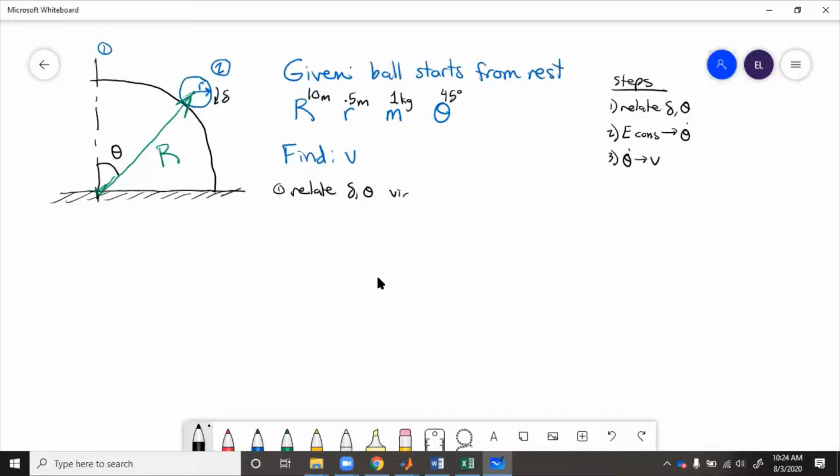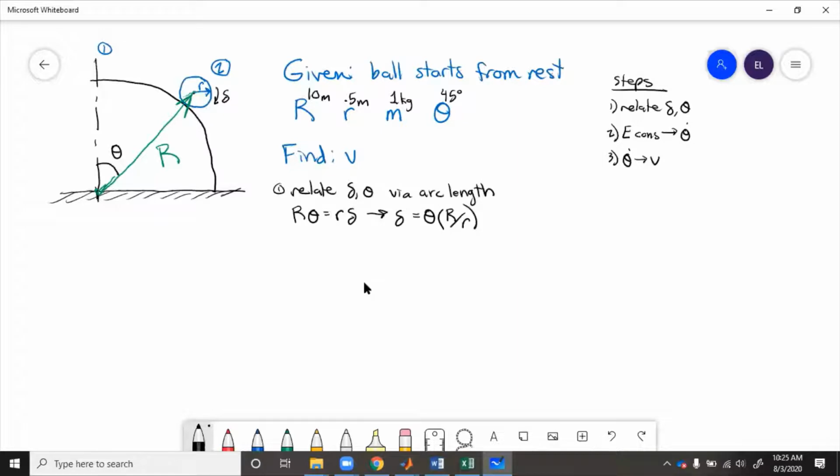So the distance that's been traveled by a point on the edge of each surface is going to be the same. So for that, we know that big R times theta equals little r times delta. So delta equals theta times big R over little r.